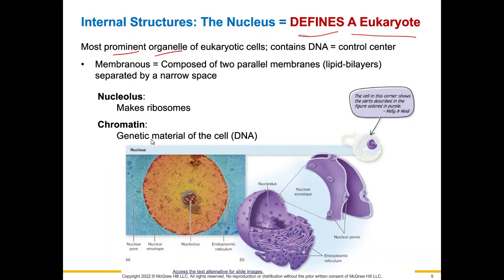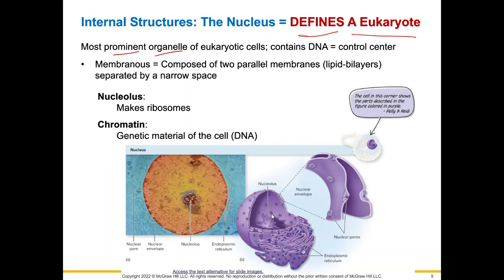So DNA is encapsulated inside of this nucleus, compared to bacteria, which did not have a nucleus. Remember, the DNA in bacteria is in the nucleoid region, kind of free-flowing in the cytoplasm, whereas here we see our cell, and inside of it a very large organelle that is hollow and contains the DNA within it.